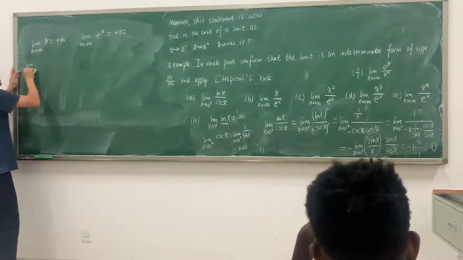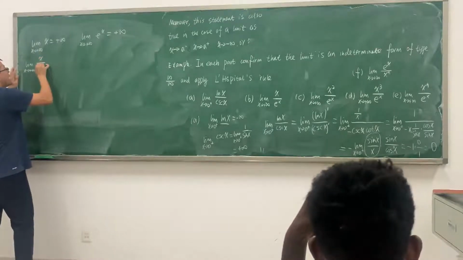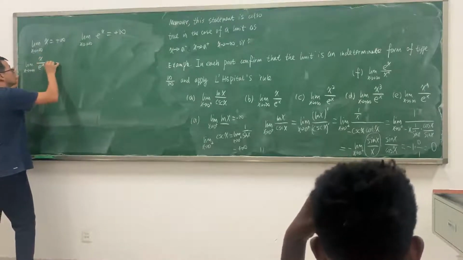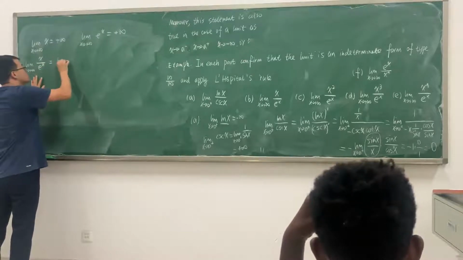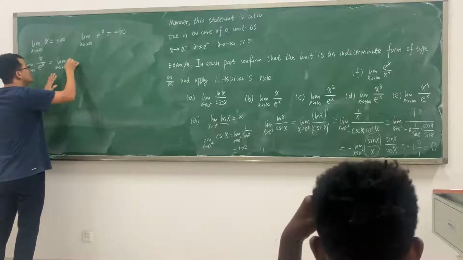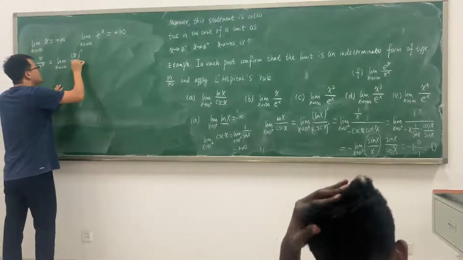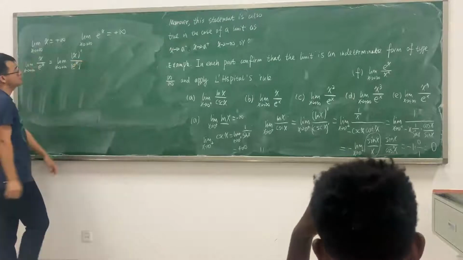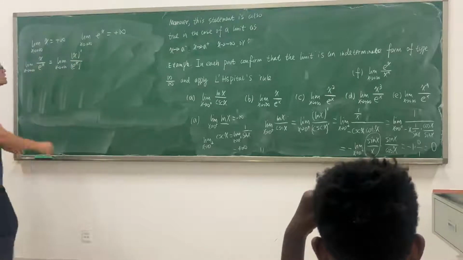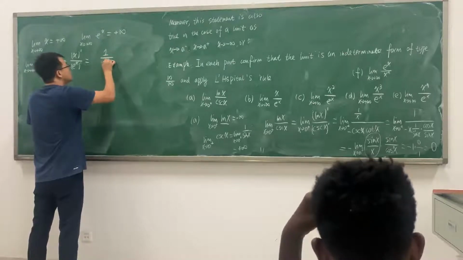So we can use L'Hopital's rule. As x approaches plus infinity, x by e^x equals the limit of x prime divided by e^x prime. x prime is 1, and e^x prime is e^x.